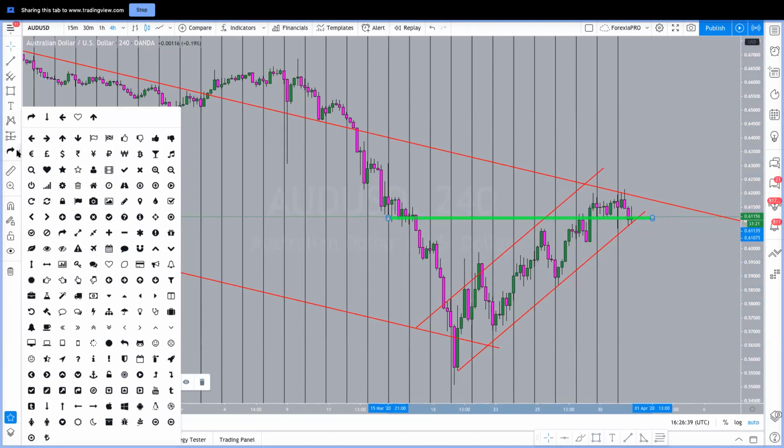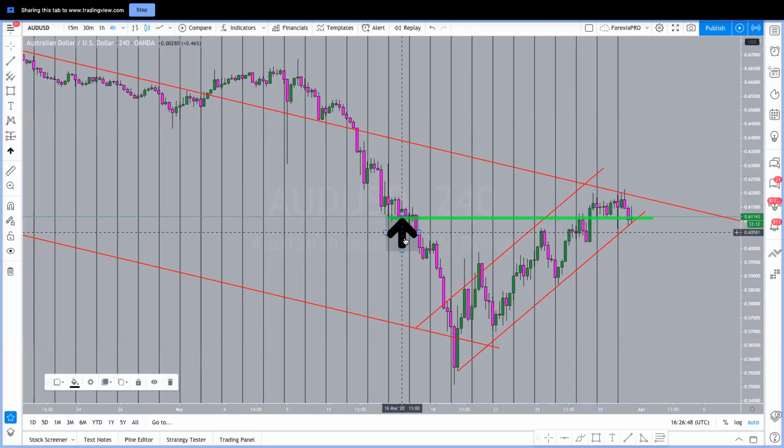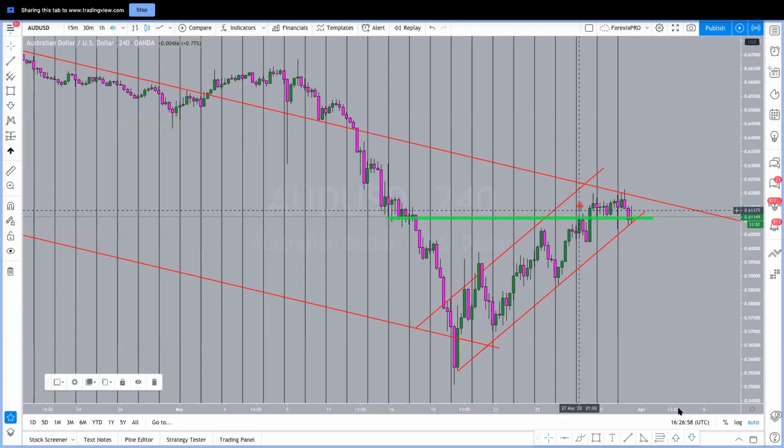Let me see if I can. Yeah. So basically, oh no, not this one. Sorry. Okay, right here. So they basically trap people there and here. What I mean by trap is validating this zone by reacting to it.